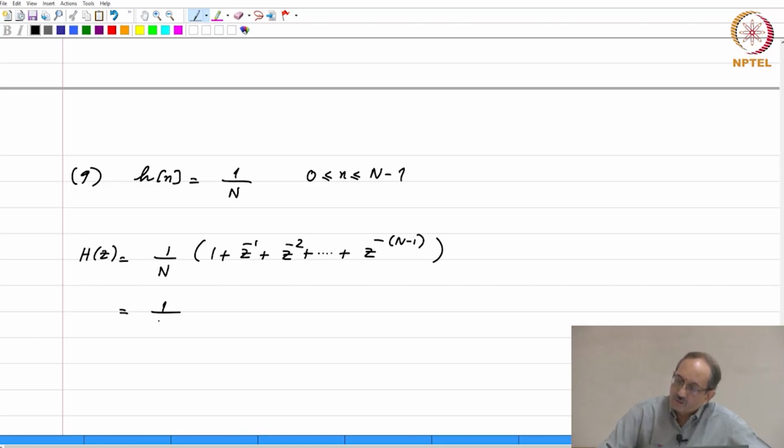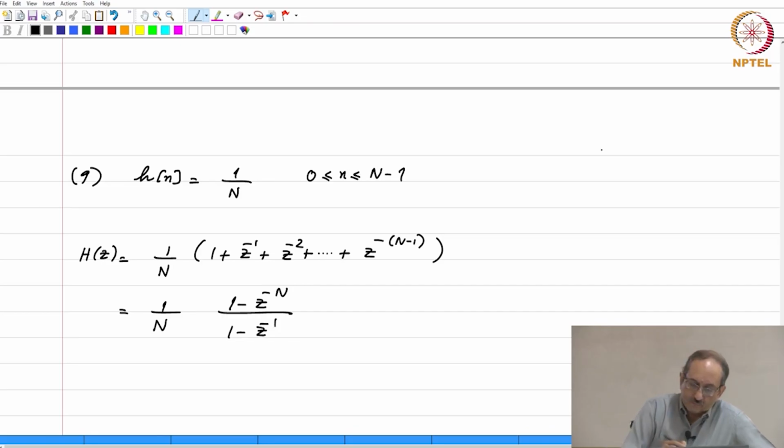This of course can be written as 1 over n. You can sum up this geometric series. So, this is 1 minus z to the minus n by 1 minus z inverse.